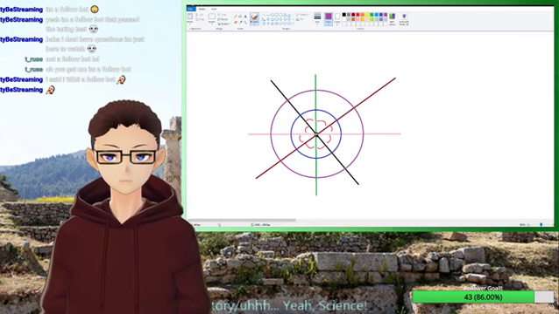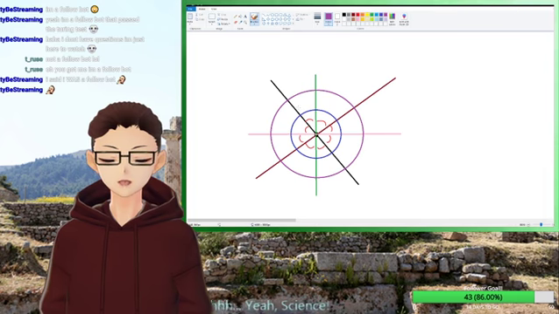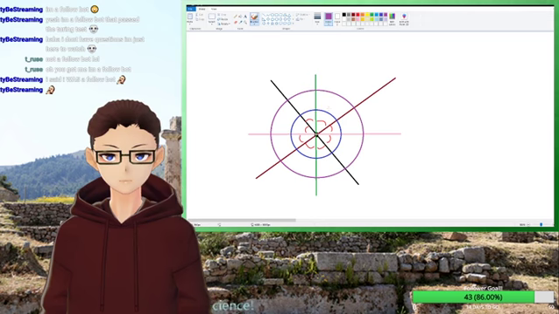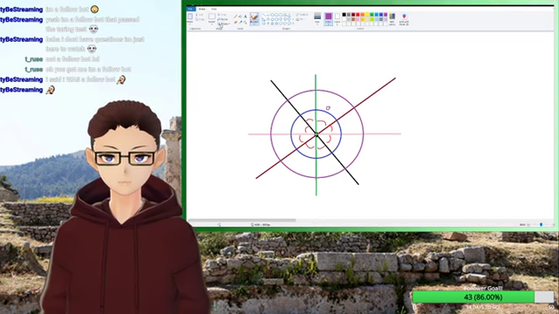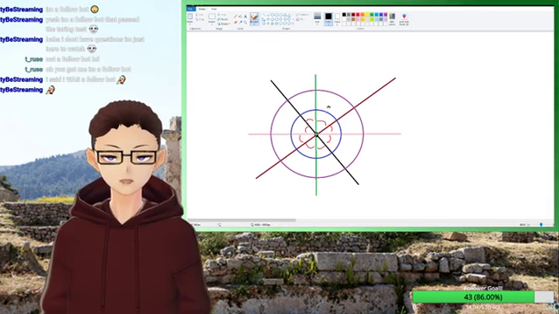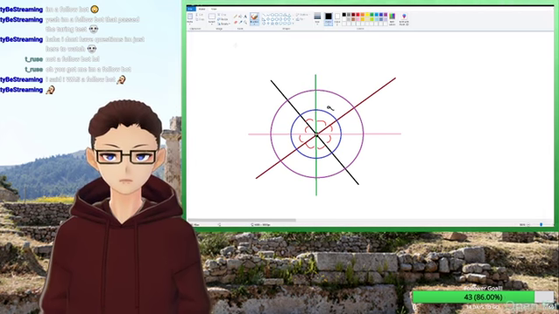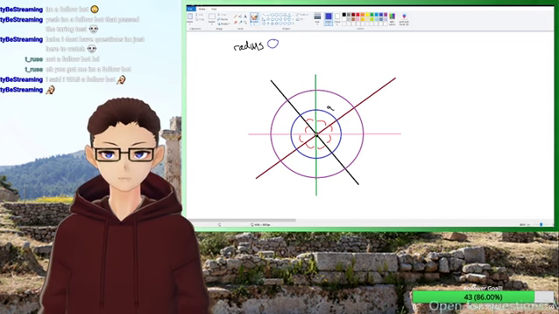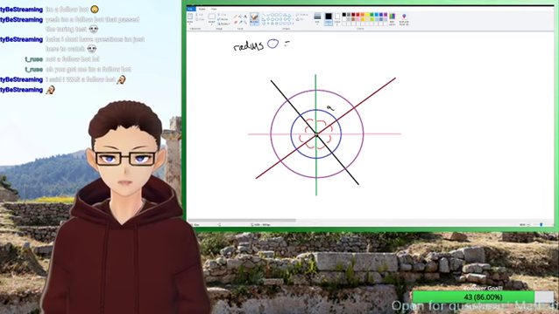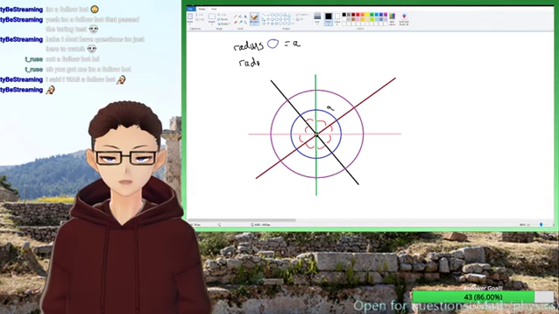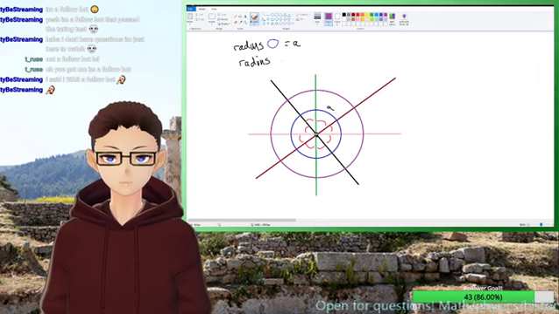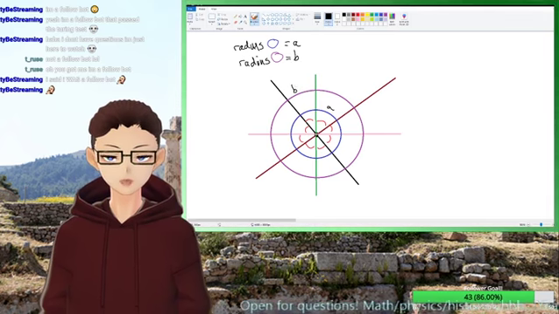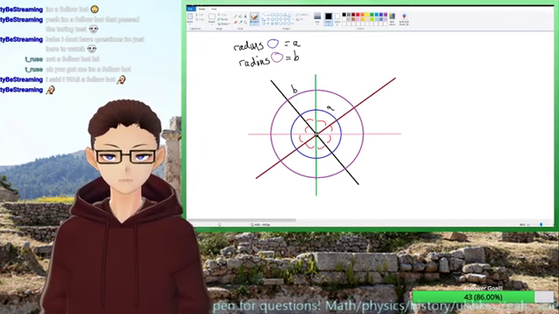Okay. Let's say that the radius of our blue circle is a distance of A. So, this radius of the blue circle equals A. And let's say the radius of our bigger purple circle is B. So a distance of B from the center dot to the purple circle.